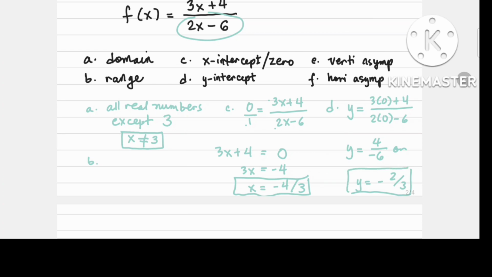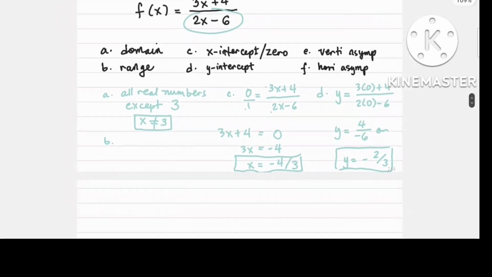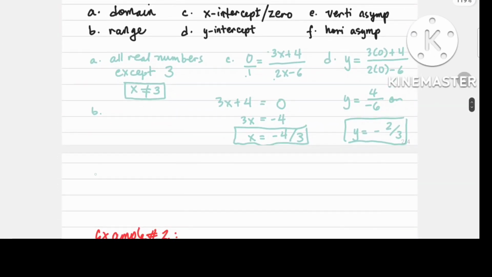So this is now our y-intercept. While for the vertical asymptote, we will just write x equals the number that is not included in the domain, that is 3. So the equation of the vertical asymptote is x is equal to 3.